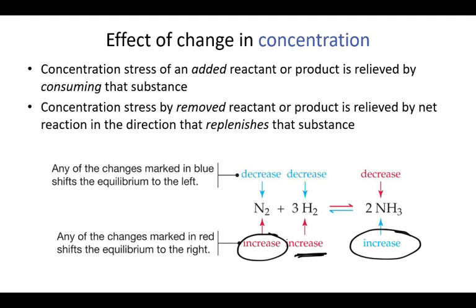Concentration stress by removing a reactant or product is relieved by net reaction in the direction that replenishes that substance. So if we stressed our equilibrium in a different way, if we removed the ammonia from the mixture, then we would have to consume N2 and H2 in order to make more ammonia.